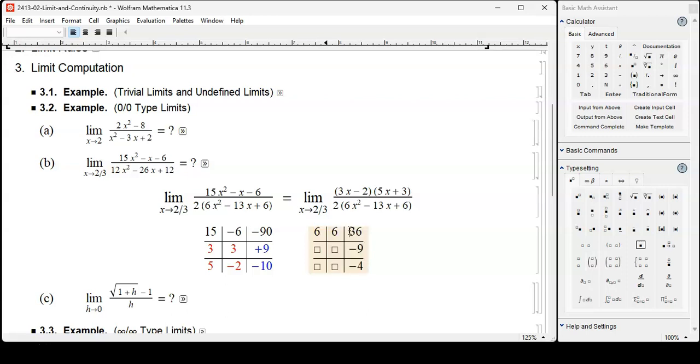So negative 9 times negative 4 is positive 36, and they add up to negative 13. So okay, all right.